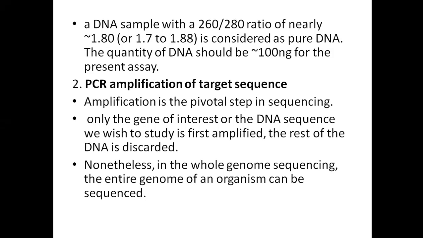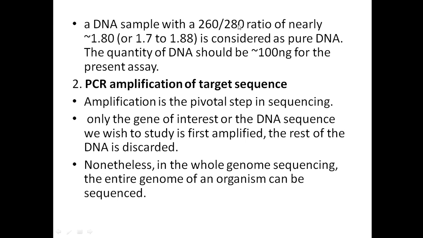So how do you decide the quality of the DNA? You extract the DNA using one of the methods mentioned above, and you determine the absorbance level of the sample at the wavelengths of 260 nanometer and 280 nanometer.